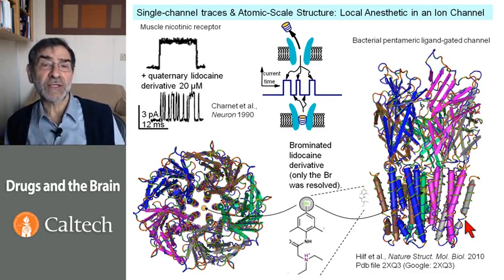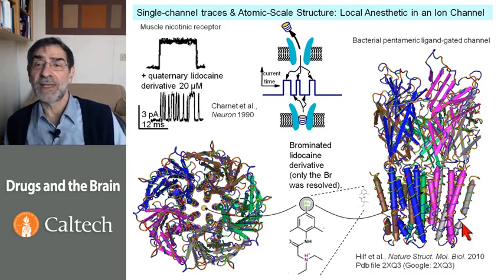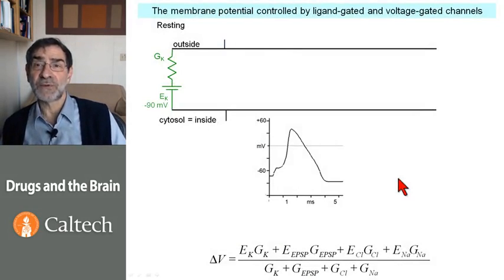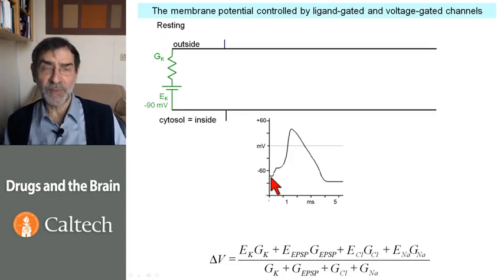Unfortunately, no actual channel blocker used in medicine works on ligand-gated channels therapeutically. Instead, to look at channel blockers in medicine, we need to go to the concept of voltage-gated channels and of action potentials. So I'll just remind you of where we've come so far in the course. We have resting potassium channels that hold the membrane at the resting potential.